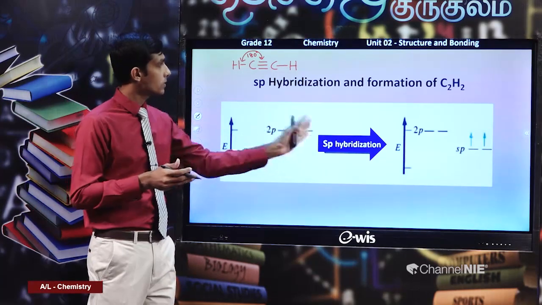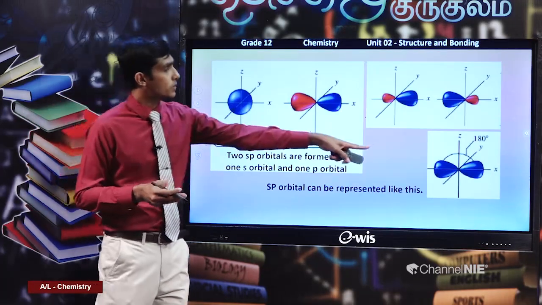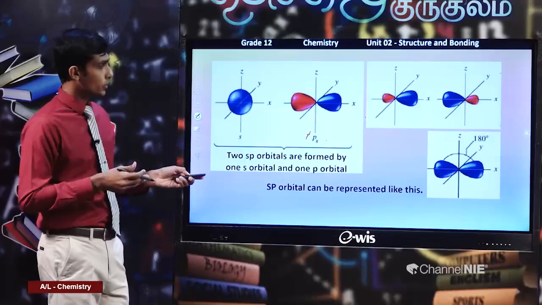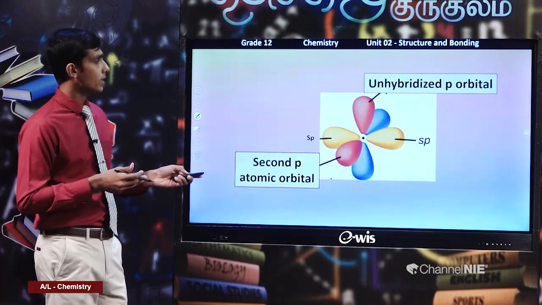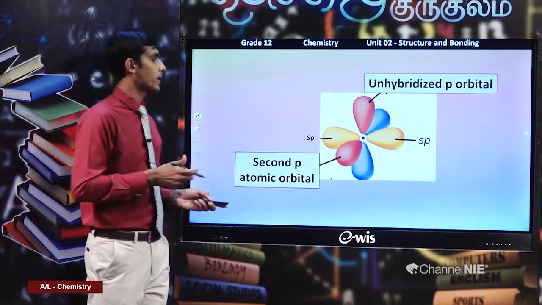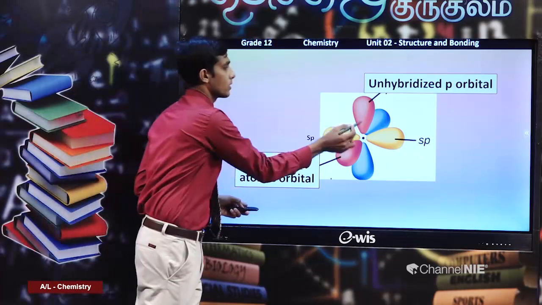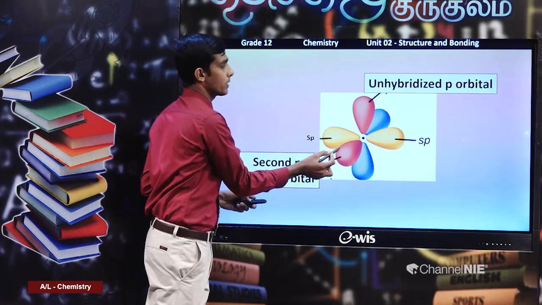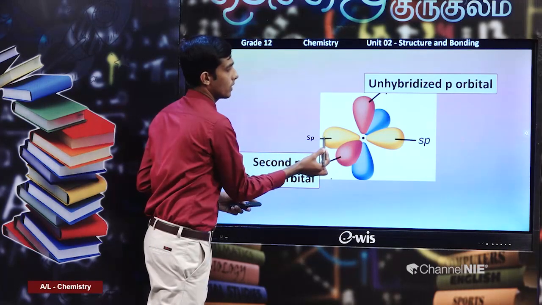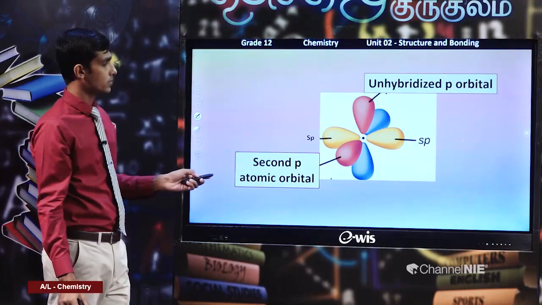Once it undergoes sp hybridization, it forms this type of two orbitals as I have already shown you. Then when it comes to the formation of C2H2, we can explain like this. This also shows the sp orbitals and two unhybridized p orbitals. These are the two sp orbitals shown in yellow color, and these two orbitals are the 2p atomic orbitals.